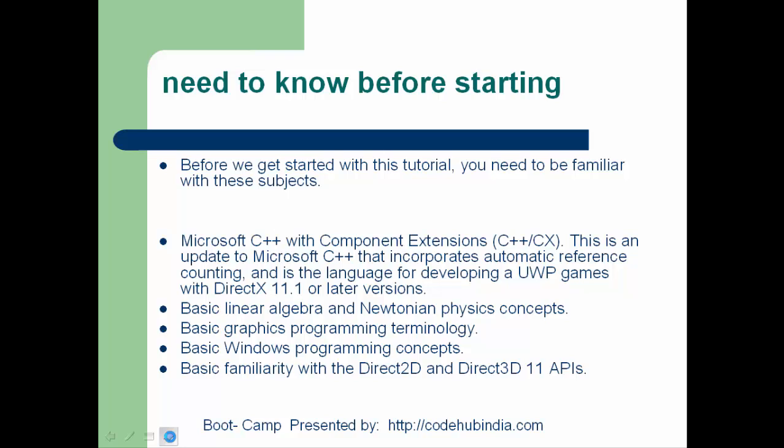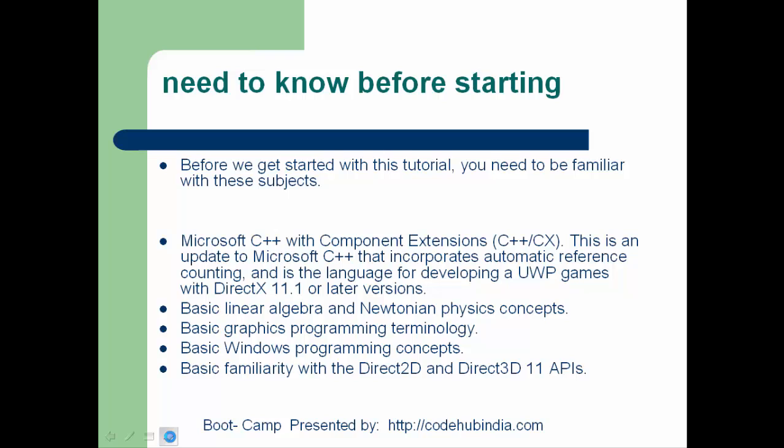Before we get started with this tutorial, you need to be familiar with these subjects. Microsoft C++ with component extensions, C++/CX. This is an update to Microsoft C++ that incorporates automatic reference counting, and is the language for developing UWP games with DirectX 11.1 or later versions.